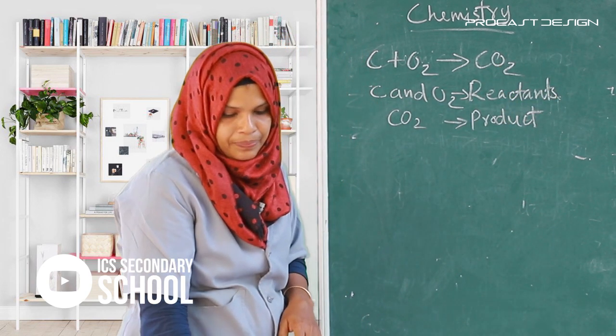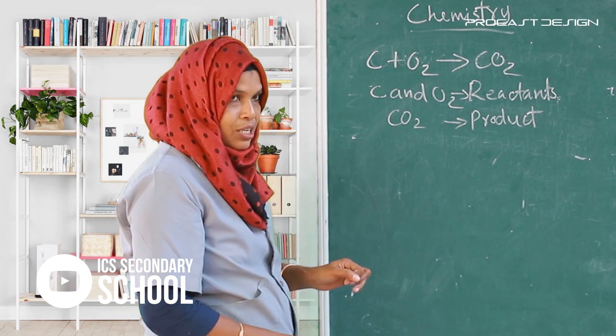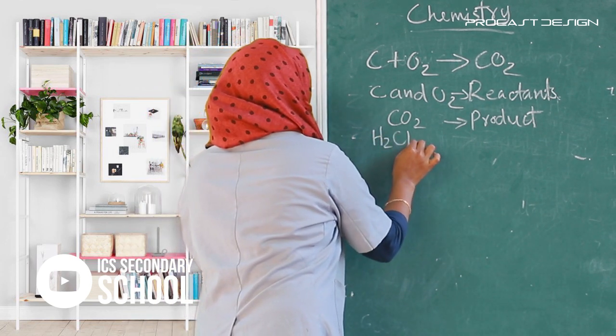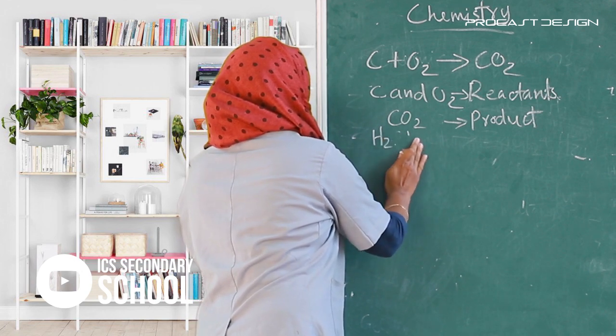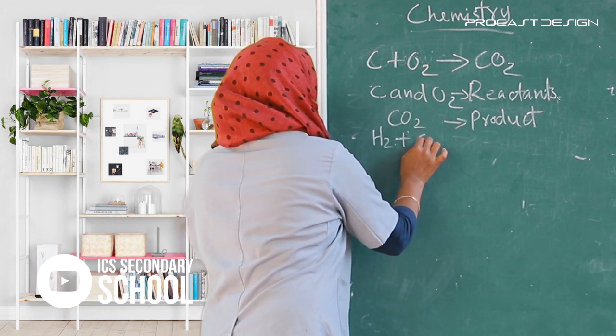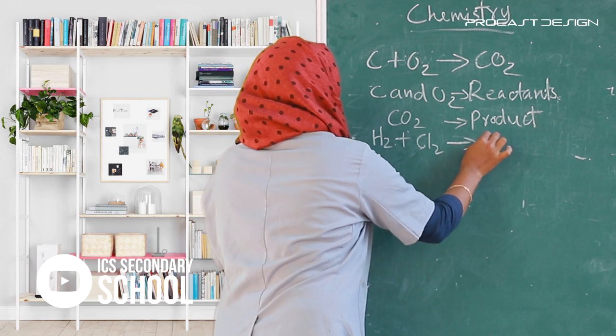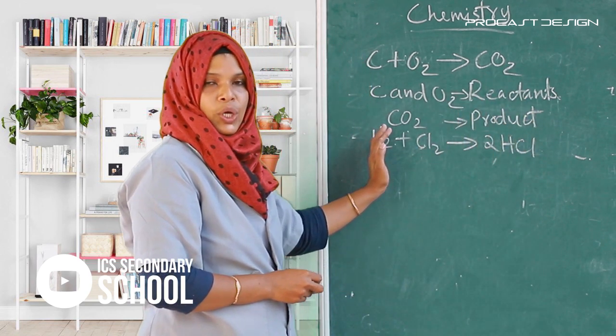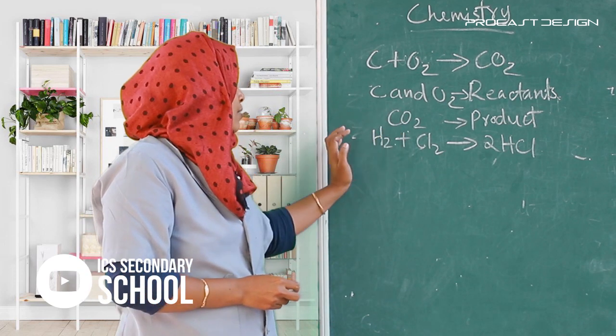Next question, H2 plus Cl2 gives 2 HCl. First find out the reactants.